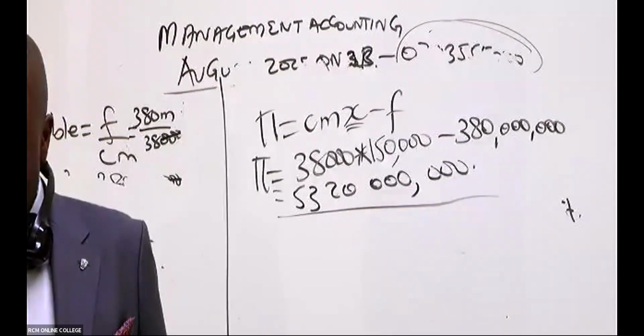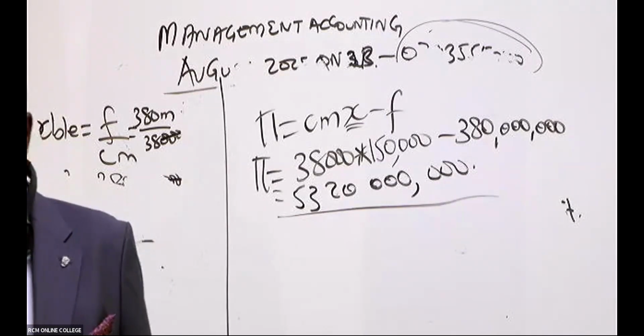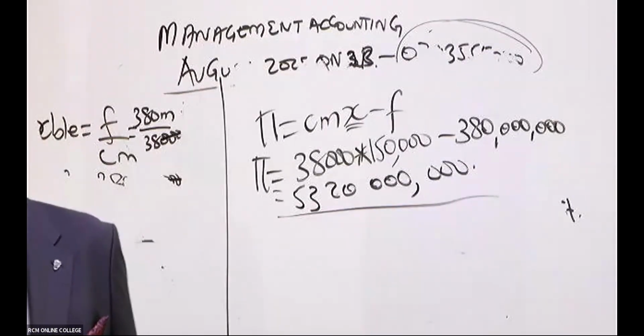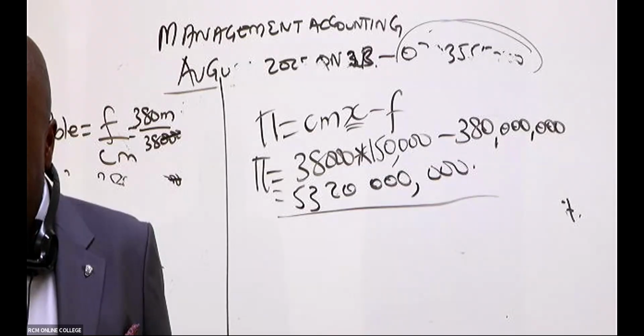If you look at number 4, if the expected number of guests are how many? I've lost my past paper. Is there somebody who can tell me, if the number of guests, I've lost my past paper, it has disappeared miraculously.